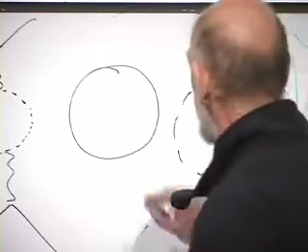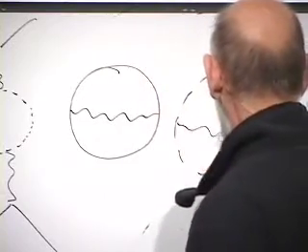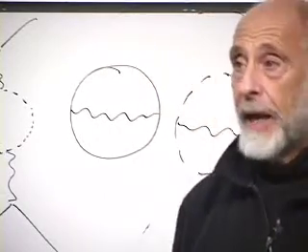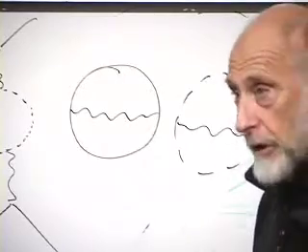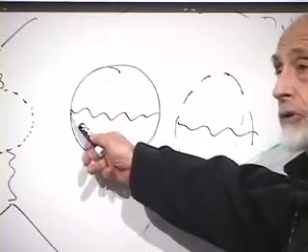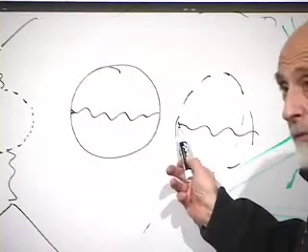Now let's draw another Feynman diagram in which a photon goes here, and a photon goes here. Will they match, and will they cancel each other? Yes, they will still cancel each other, but only if the electric charge of the electron and the electric charge of the superpartner are equal.